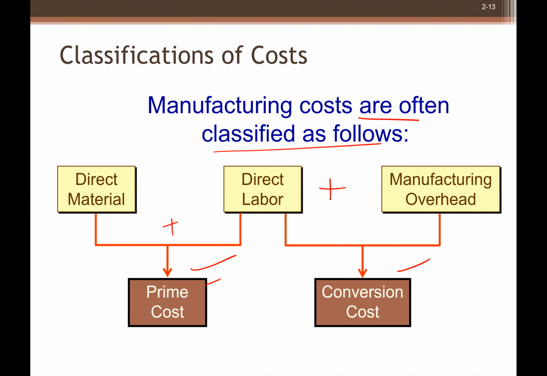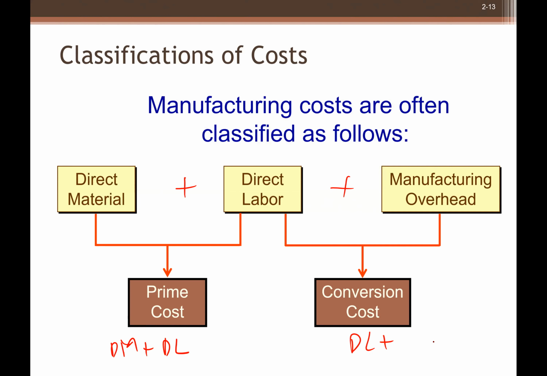Now, the question arises: why is there a need to convert into prime cost or conversion cost when we already have established that manufacturing cost is equal to direct material plus direct labor plus manufacturing overhead? Then why is there a need to segregate all this again? For example, prime cost is equal to direct material plus direct labor, while conversion cost is equal to direct labor plus manufacturing overhead.